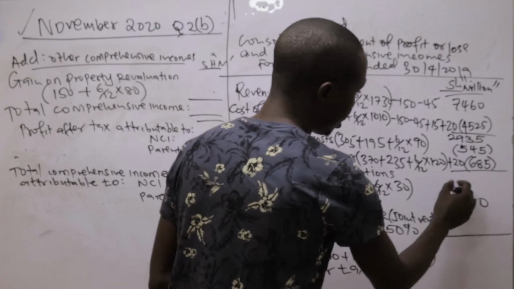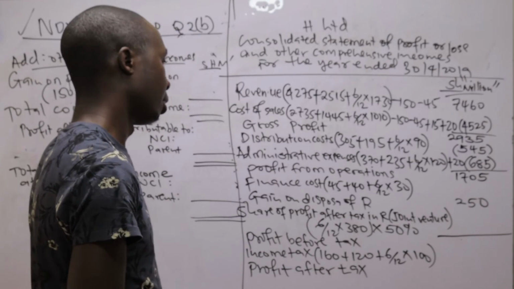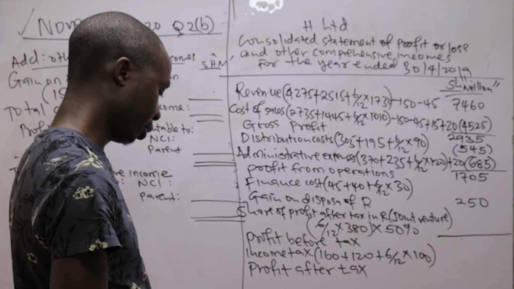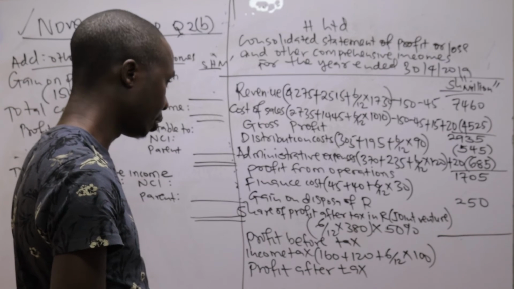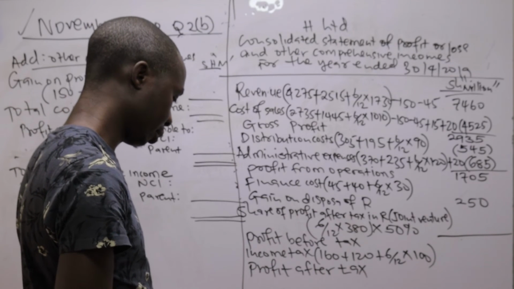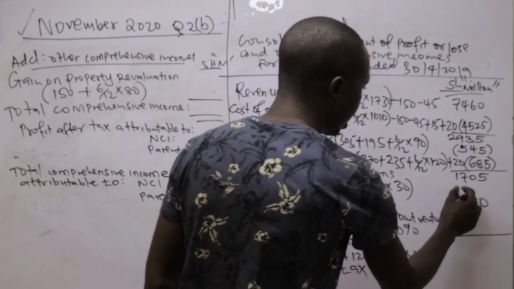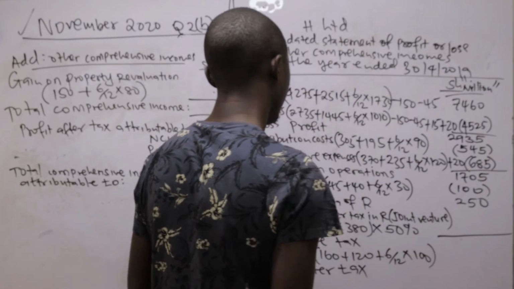That is 1705. Then 45 plus 40 plus 15. This is 100. So this one we deduct, this one we add.